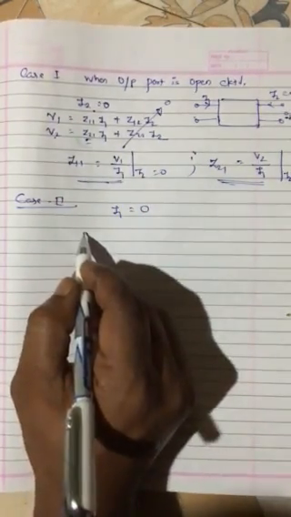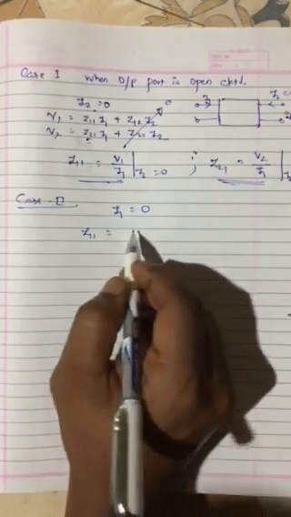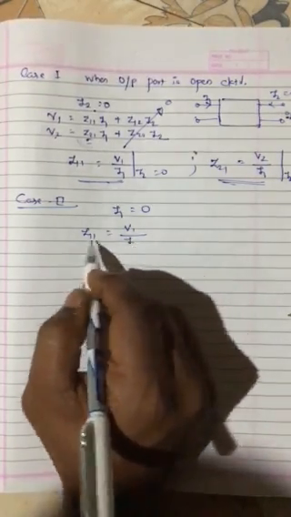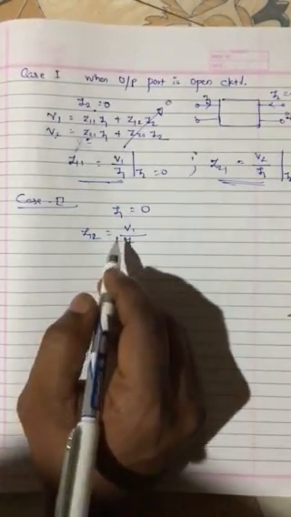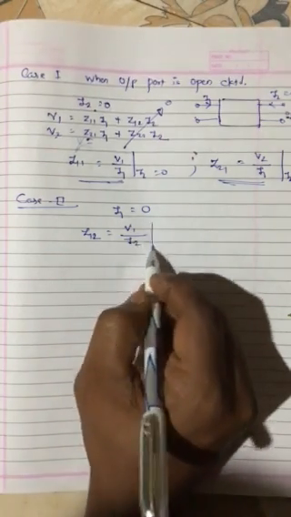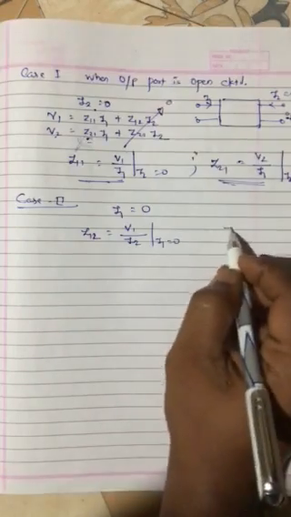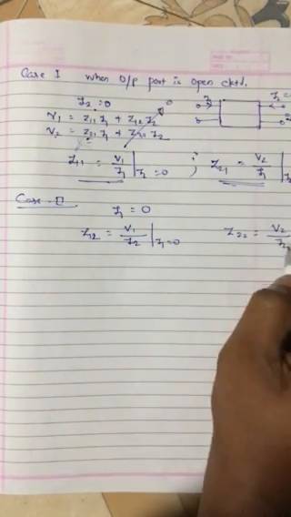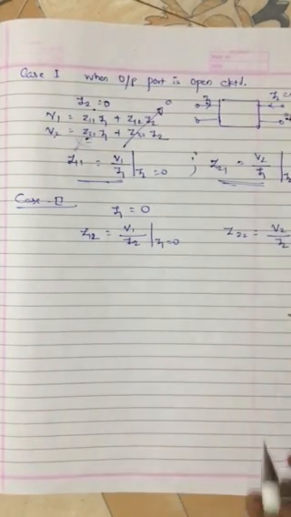So when current I1 becomes 0, these two terms vanish. In that case we will get Z12 and Z22. So Z12 will be V1 by I2 when I1 equal to 0, and from here we can find that Z22 equal to V2 by I2 when I1 equal to 0.